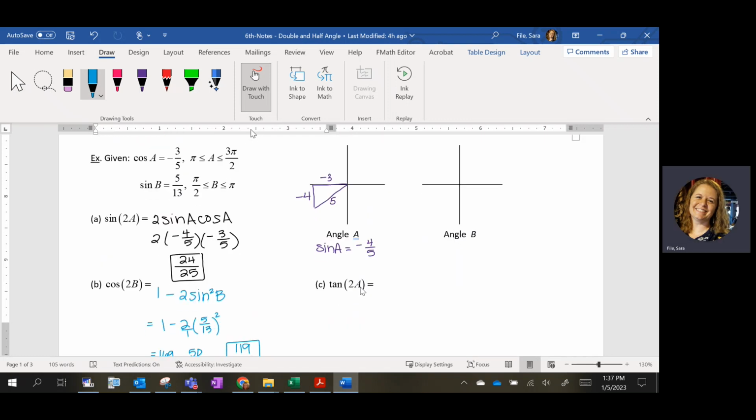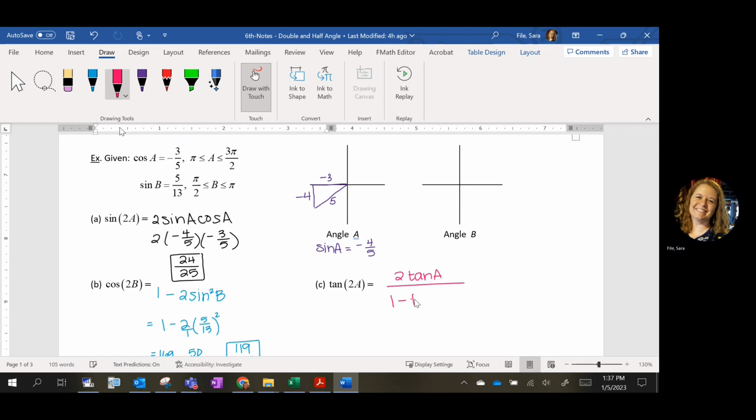Okay, what about C wants tangent of 2A? So tangent double angle formula expands to 2 tangent A over 1 minus tangent squared A. Now again, I don't know tangent A. That was not one of the angle values given, but I have the picture of angle A drawn.